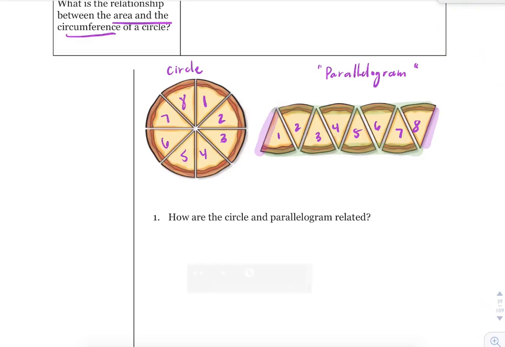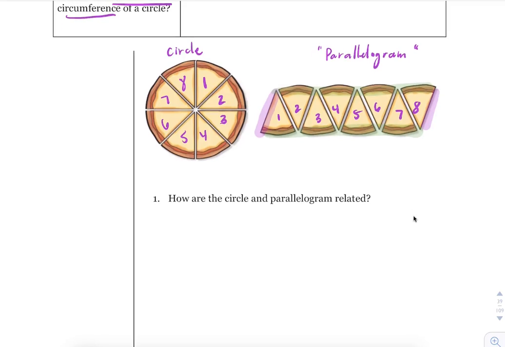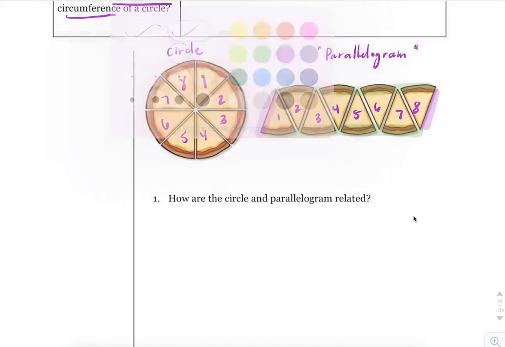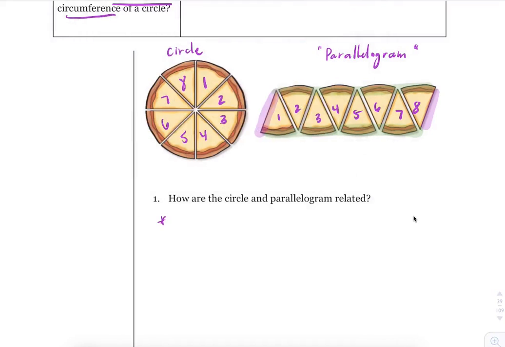That means that the area of the circle, or the pizza, is the same as the area of the parallelogram. So how are this circle and parallelogram related? First, they have the same area. We know that because they have the same number of slices. The slices are equivalent, 8 slices in one, 8 slices in the other.